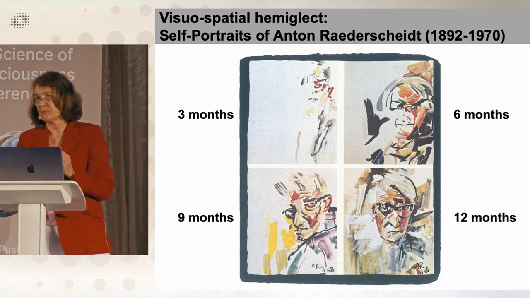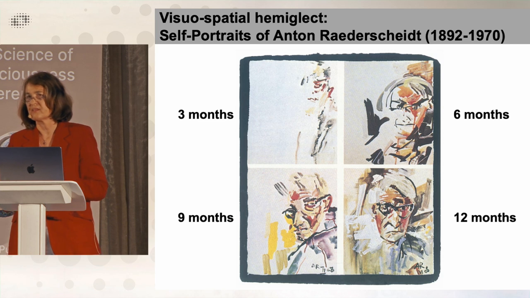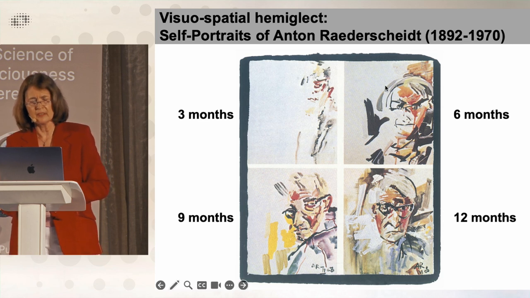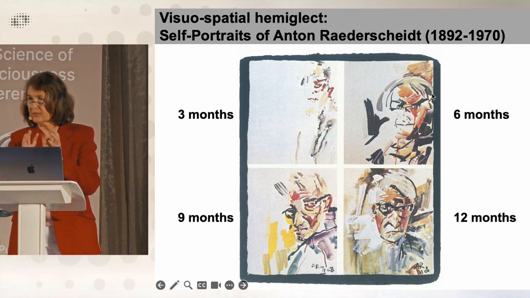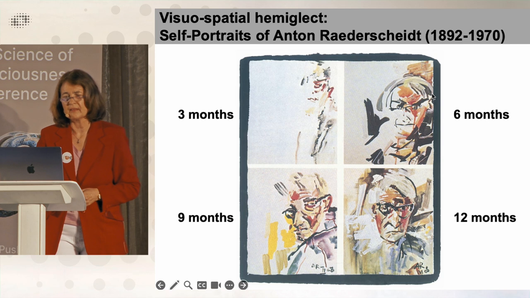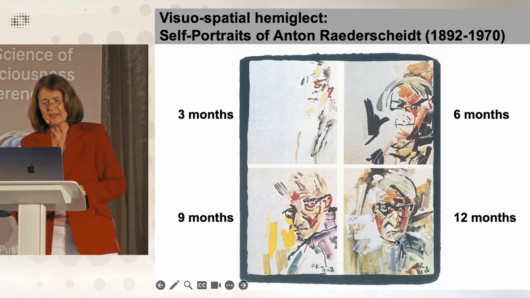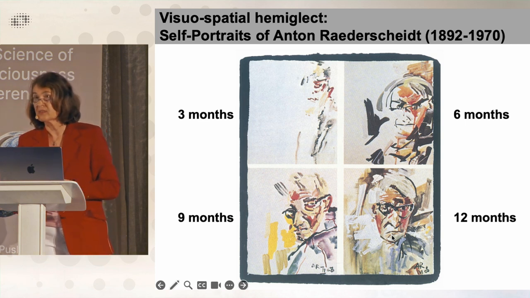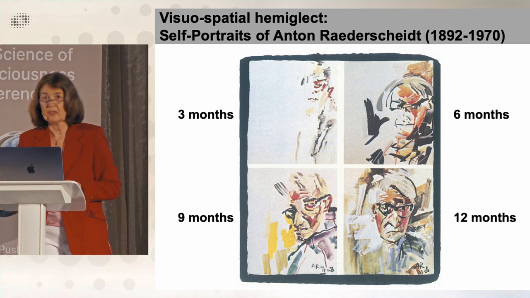The concept of that left visual space is gone from that painter's mind. That is also true, to a large extent, after 6 months. We see here that all he perceives is crammed in this right-hand space that is still intact. And then you see that over time, the left-hand space does recover, and thankfully this is the typical outcome of what we call visual spatial hemi-neglect.